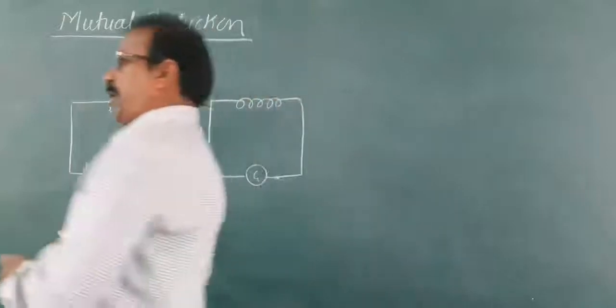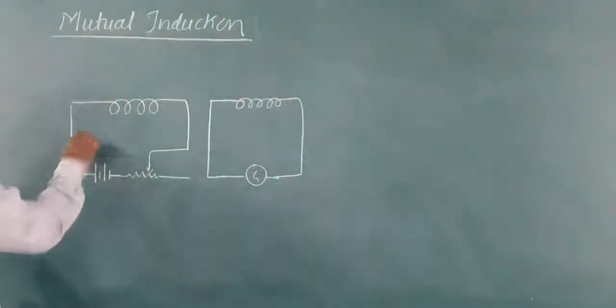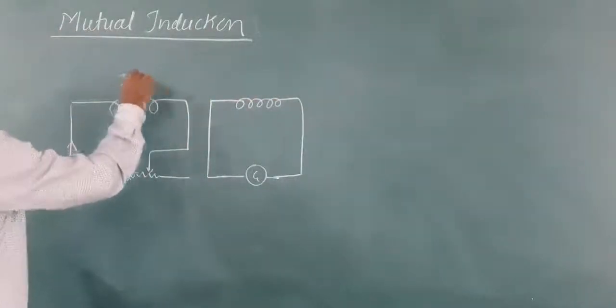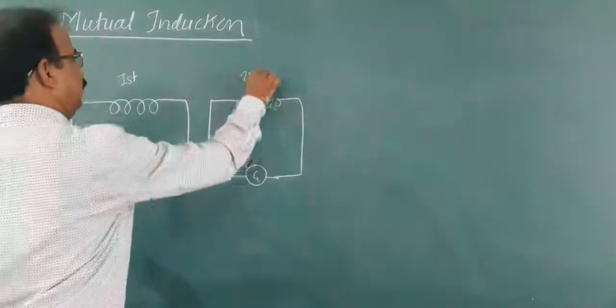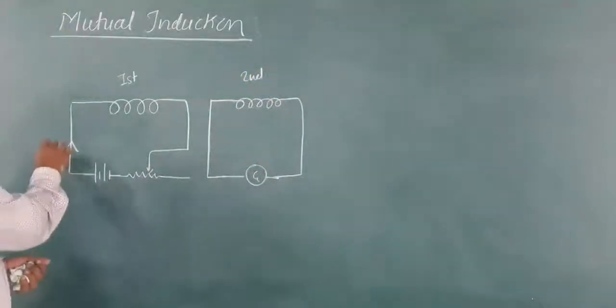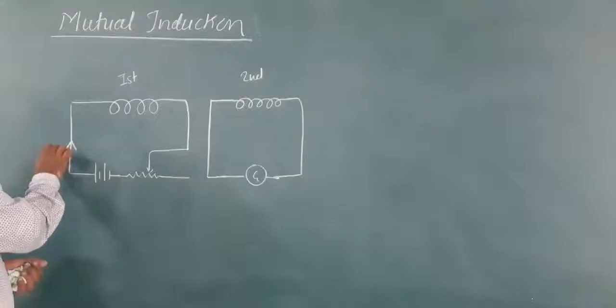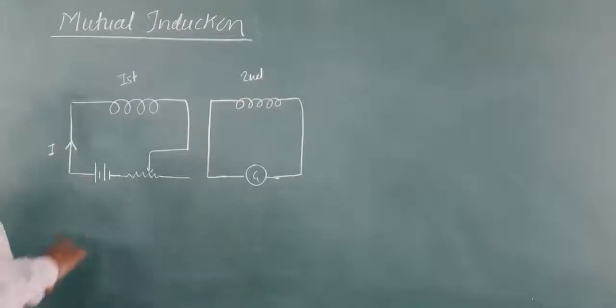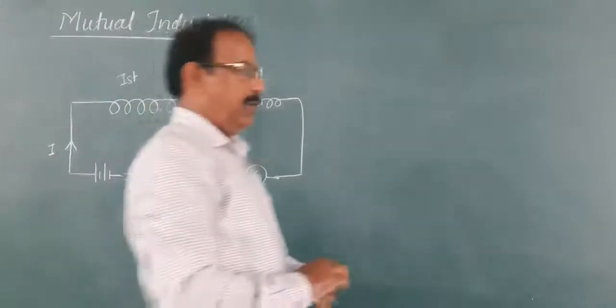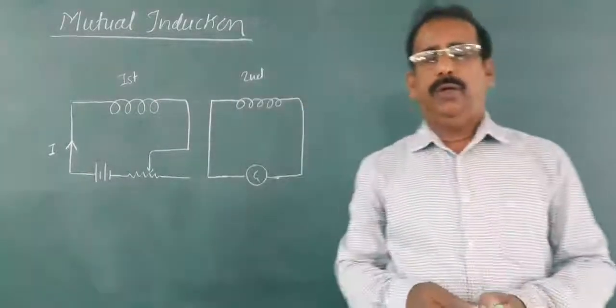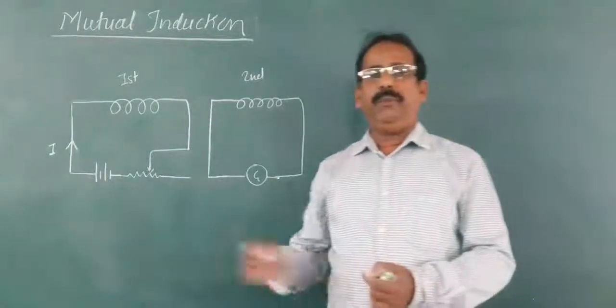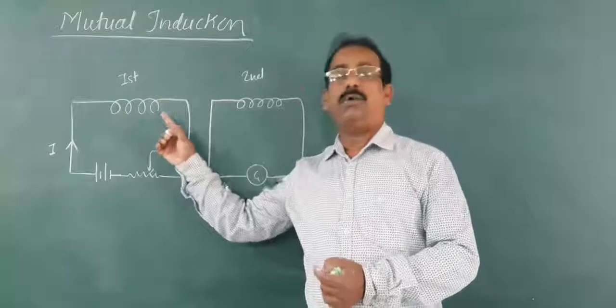If we change the current passing through this first coil, this is the first coil, this is the second coil, then the magnetic field produced by this first coil changes.